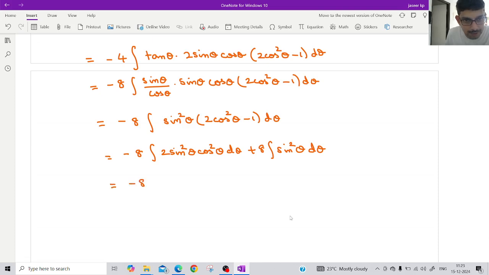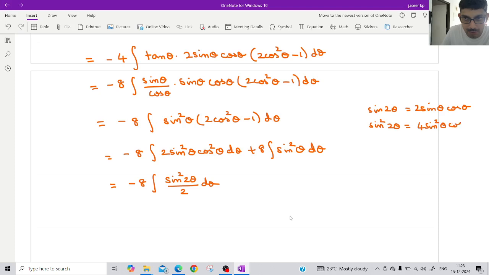So minus 8, this can be written as sin square 2 theta divided by 2, because sin 2 theta is 2 sin theta cos theta. So squaring that, sin square 2 theta will be 4 sin square theta cos square theta, but there is 2 sin square theta cos square theta, so that will become sin square 2 theta by 2.